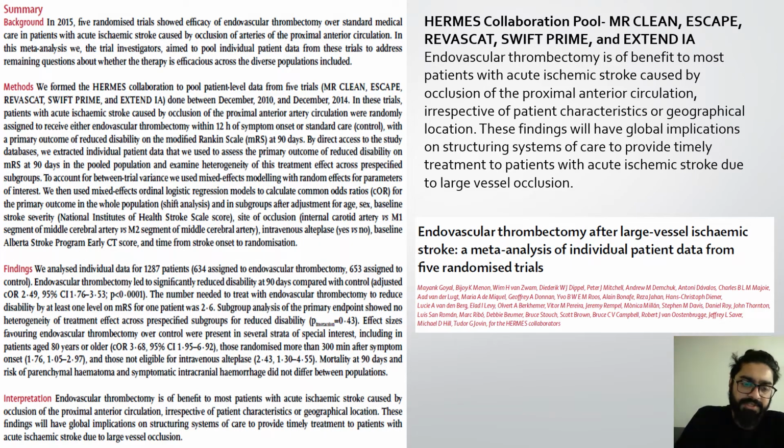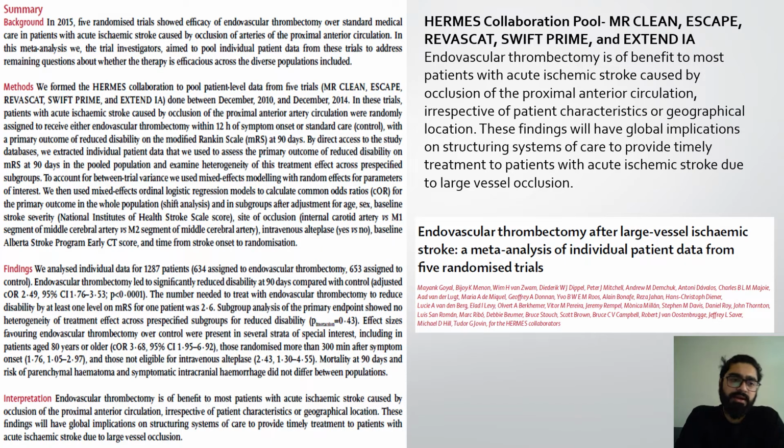So the interpretation of their results was that endovascular therapy is of benefit to most patients with acute ischemic stroke caused by occlusion of proximal anterior circulation, irrespective of patient characteristics or geographical location. These findings will definitely have a global implication.